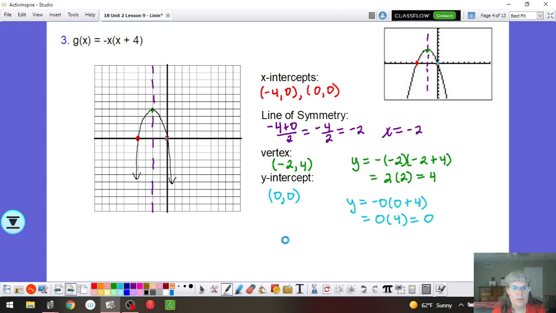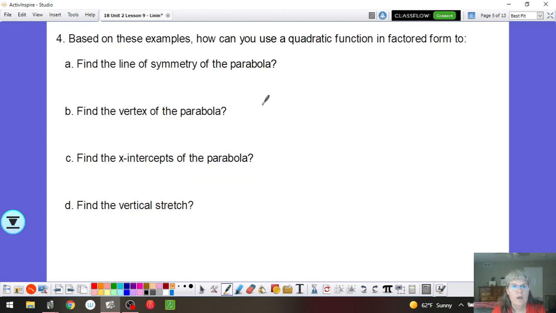So what are some of the things we saw? To find the line of symmetry of the parabola, we add the x-intercepts and divide by 2.